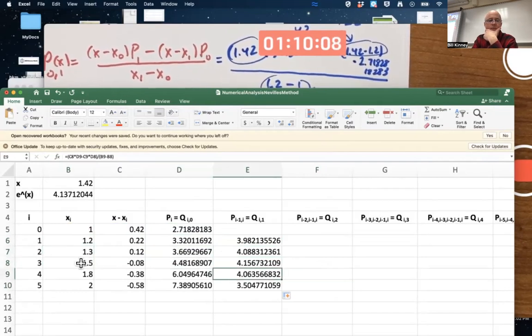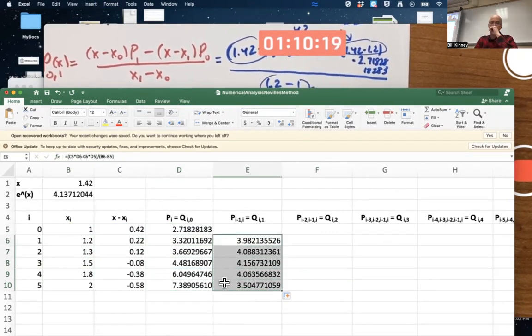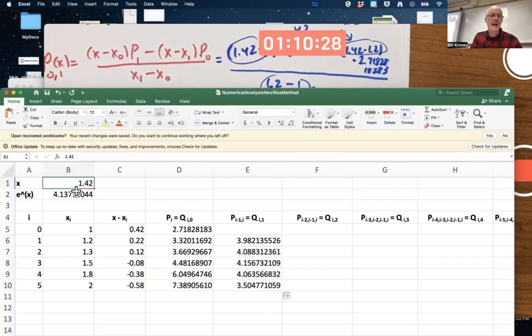This one between x3 and x4 and their values. This one between x4 and x5 and their values. So these are linear approximations to e to the x, different linear approximations that are then being used to approximate e to the x when x is 1.42. Different approximations based on different pairs of nodes.